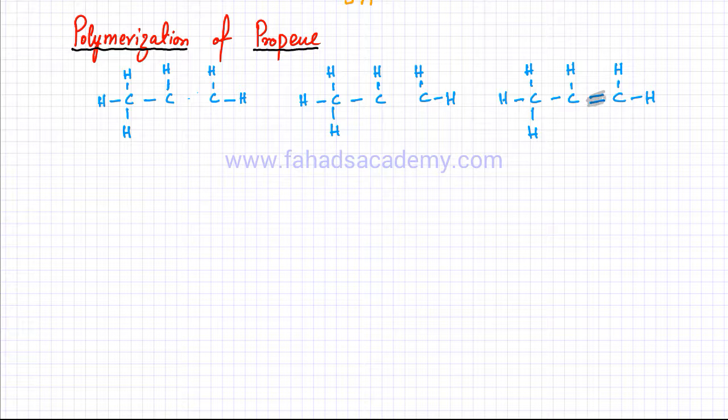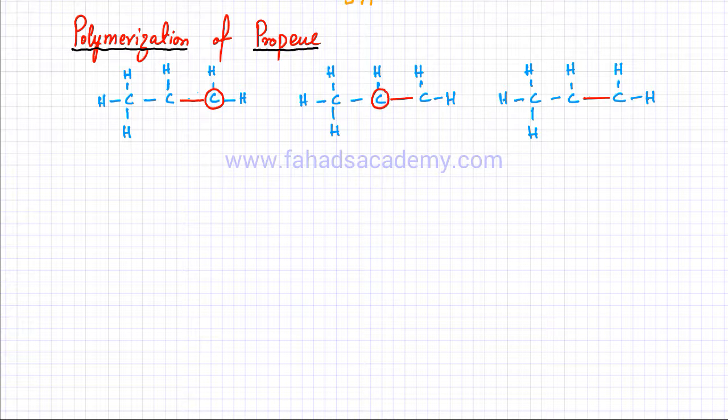Instead, I'm going to draw single bonds in their place. So these 2 carbon atoms form single bonds instead of the double bond they were previously making. And now if you look, this carbon atom is now making only 3 bonds. Similarly, this carbon atom over here is making 3 bonds.